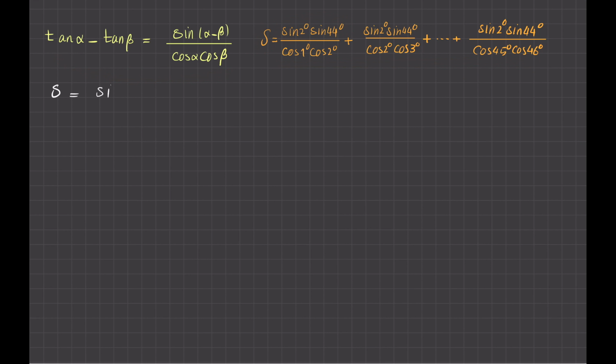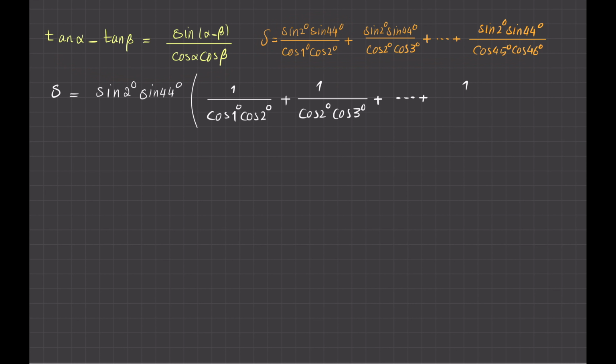I write S equals sine 2 degrees sine 44 degrees, and then I am left with a bunch of fractions, all with the same numerator 1. The first one becomes 1 over cosine 1 degree times cosine 2 degrees, plus 1 over cosine 2 degrees cosine 3 degrees, up to the last fraction, 1 over cosine 45 degrees cosine 46 degrees.